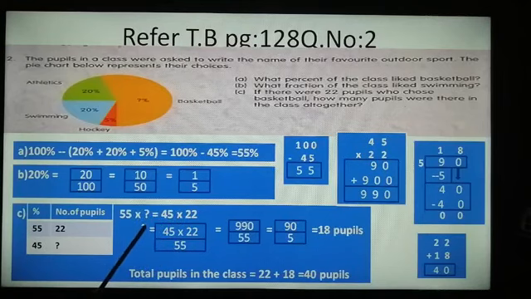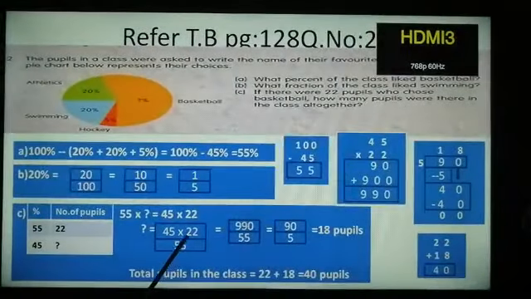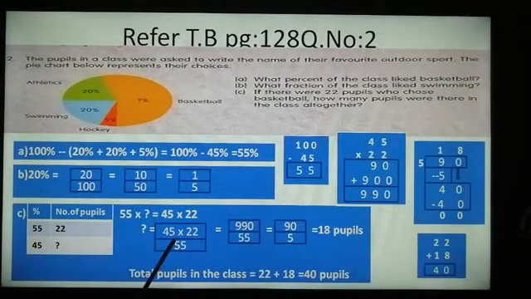So we have to find the unknown number. So the unknown number equals 45 multiplied by 22 divided by 55.